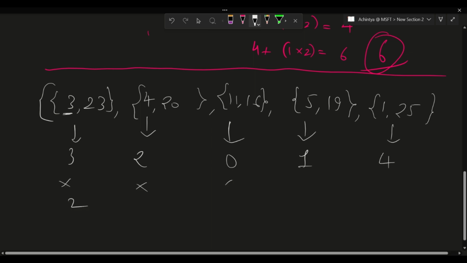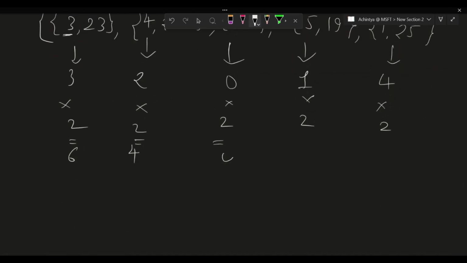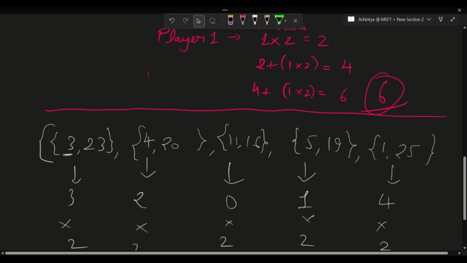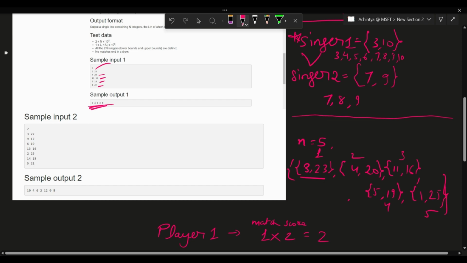Now if I multiply all these numbers by 2, what am I getting here? 6, 4, 0, 2, 8. And do I need to print this out? 64028? Yes, obviously, this was the printed output here. You can check for yourself.